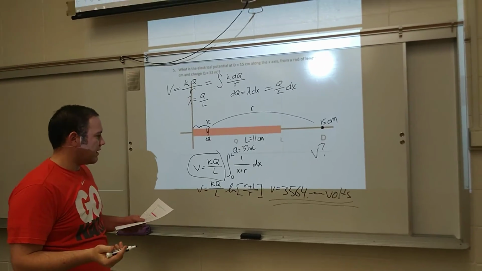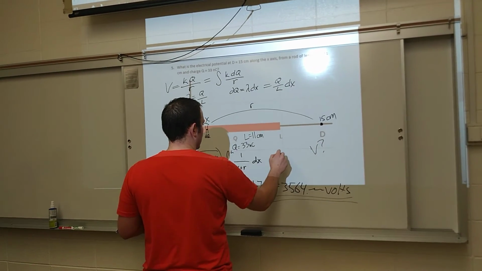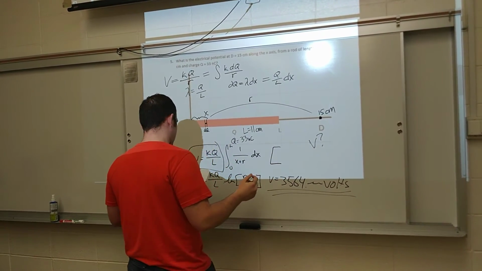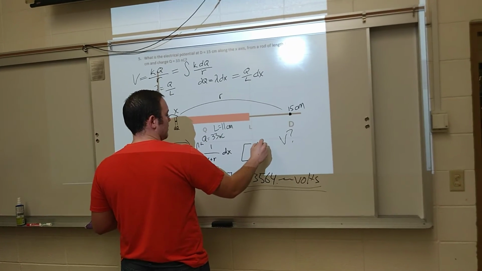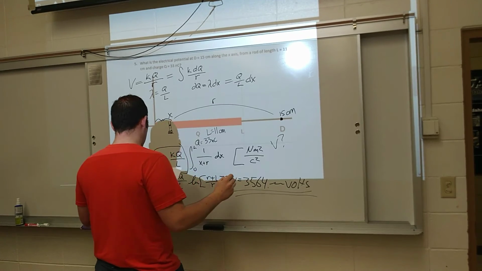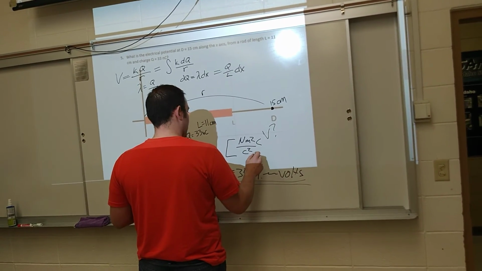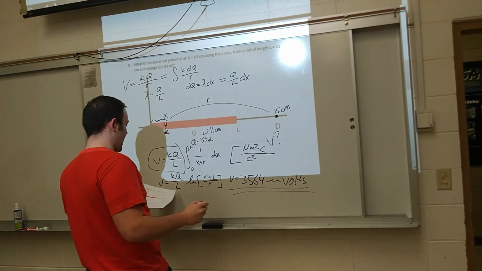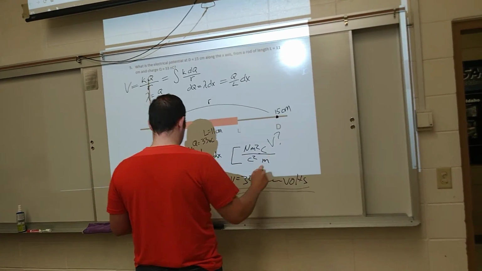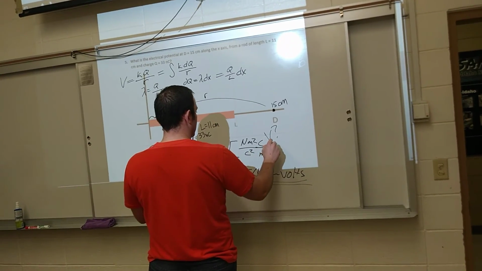If we're to do unit analysis on this, it's pretty simple. We know that K is in Newton meters squared per Coulomb squared. And then Q is coulombs. And then L is in meters. And if we come up here, dx is also meters.